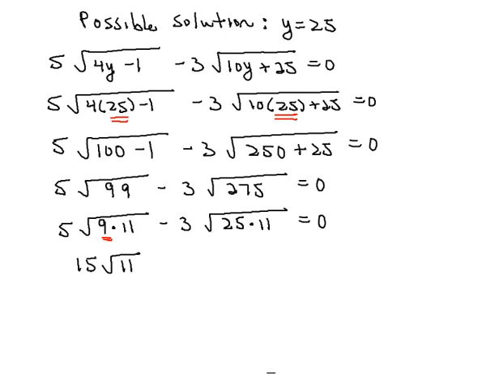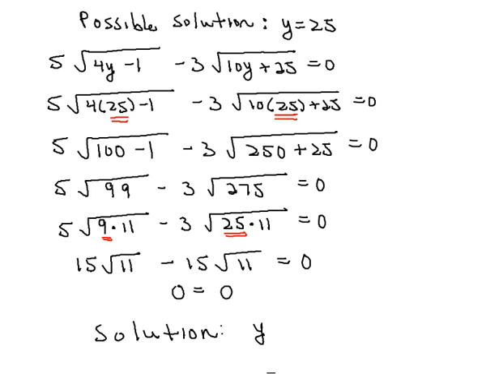And in the second term, the square root of 25 will come out as 5, and multiplied by the 3 in front will give us 15, then times the square root of 11 equal to 0. And you can see that we have like radical terms, and adding them together we end up with 0 is equal to 0. So it looks like the possible solution of y equals 25 does indeed check. So we can state then officially that the solution to the equation is y equal to 25.